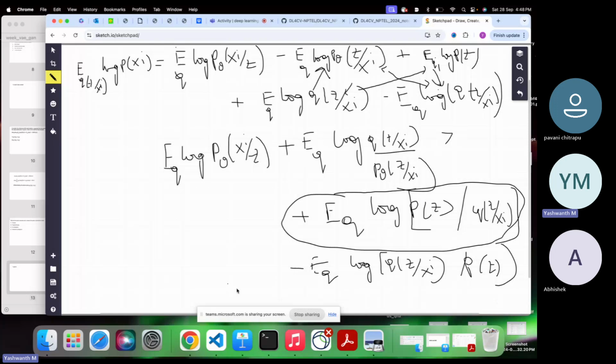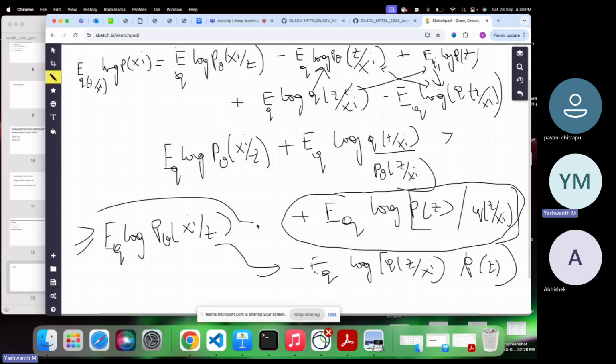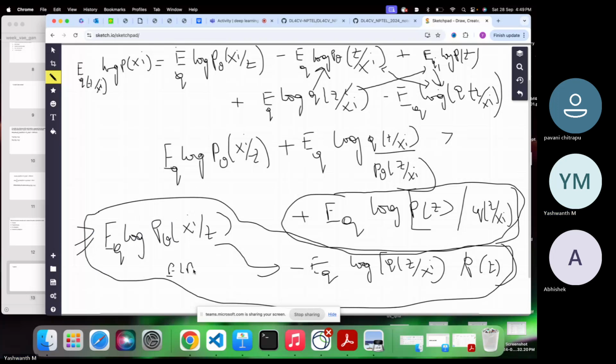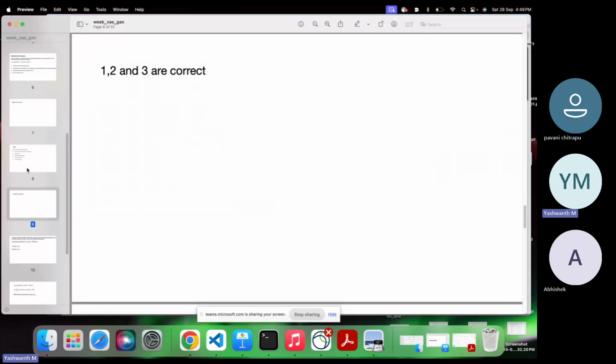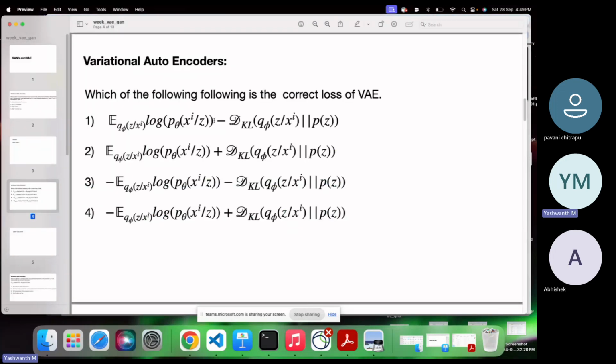So this entire quantity is greater than or equal to the expectation of Q of log P theta of xi given z minus this quantity. So this is called the ELBO, the evidence lower bound. Right. So yeah, this is what I wanted to prove in the first section.